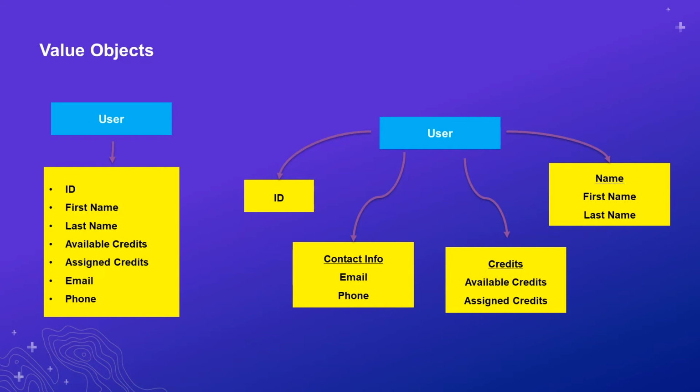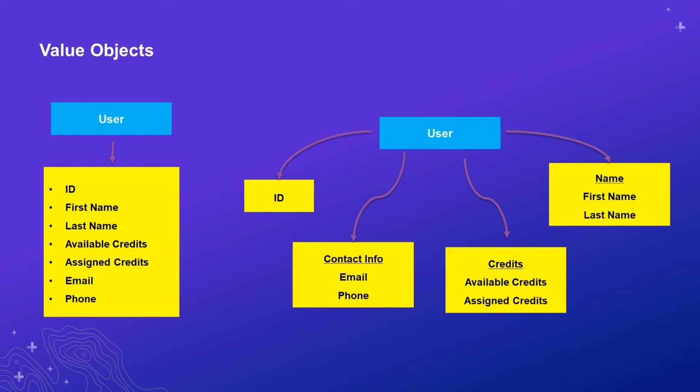Essentially, we group the contact info together, we group the credits together, and we group the name together because these are all the context in which those properties belong. Another very important part about value objects is that they're immutable. And we'll be going into a little bit of that a little bit later on.